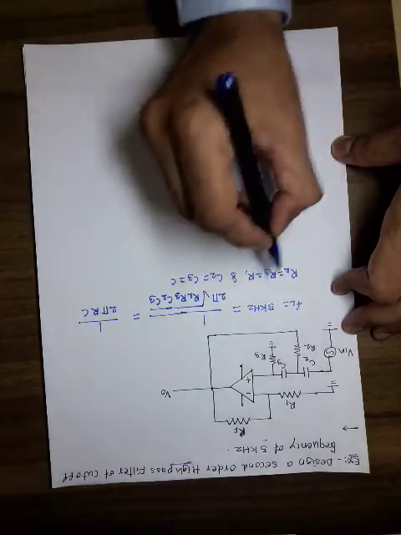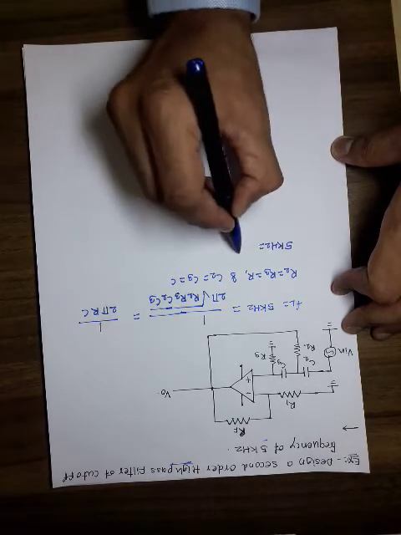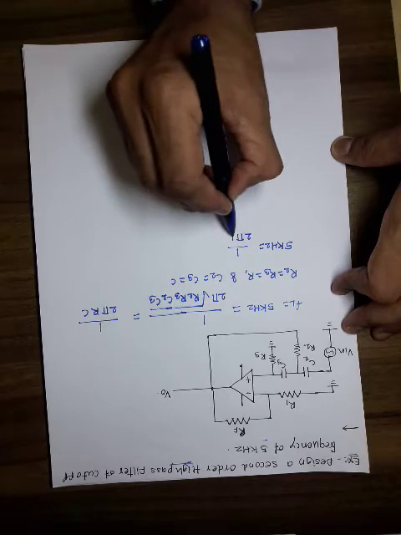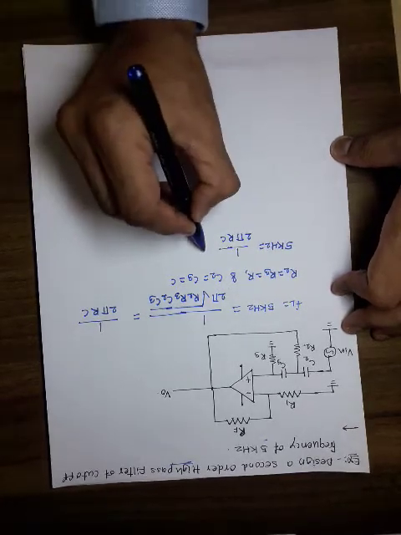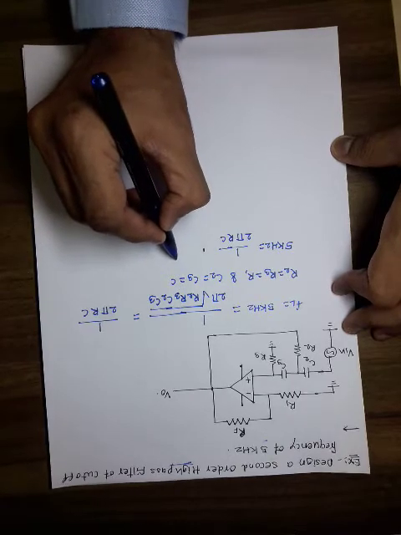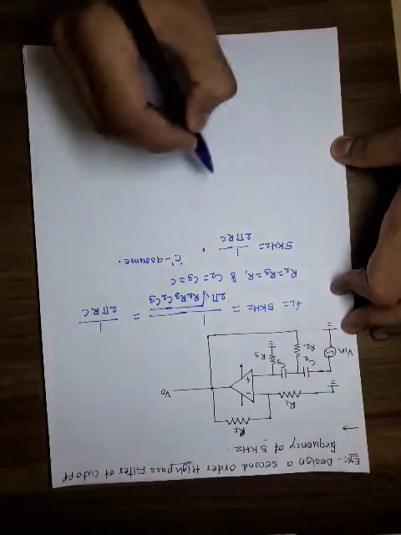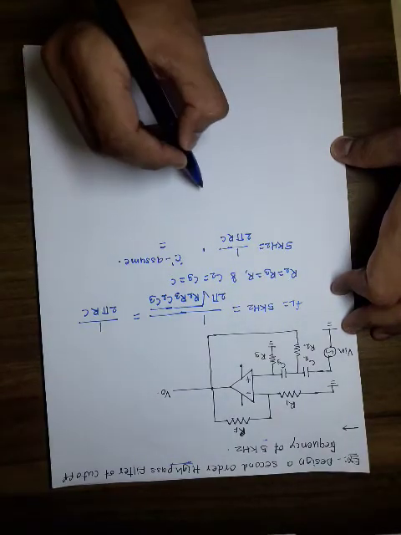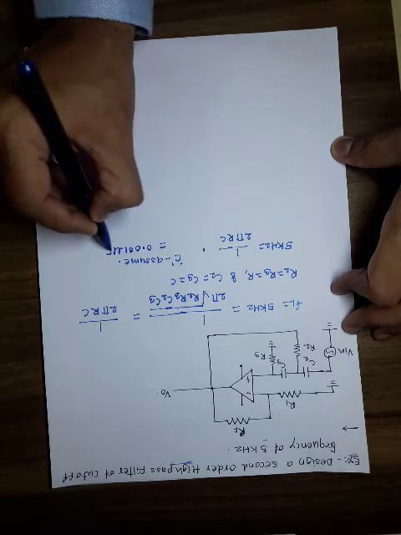FL is given, so 5 kilohertz equals 1 upon 2 pi RC. There are two unknowns in this equation, so we'll assume C. We'll select the value of C equals 0.001.